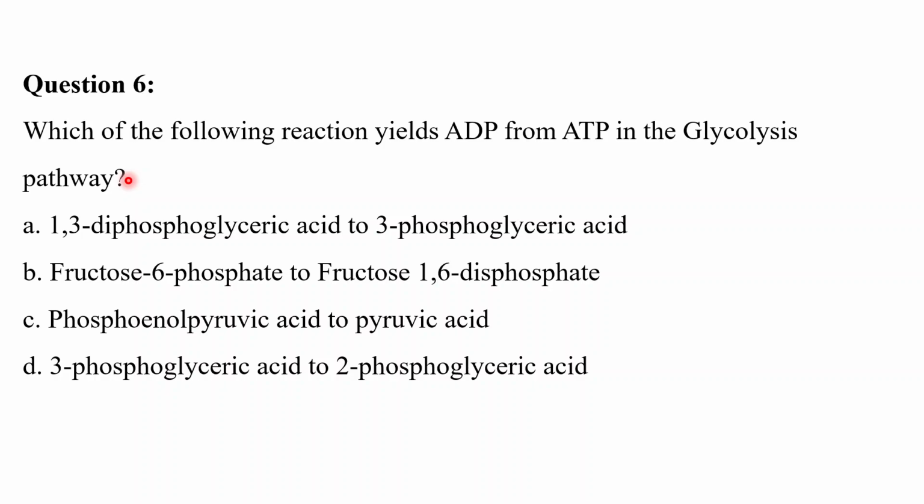Some kinases take the phosphate from the first substrate and deliver it to the second substrate, which is actually ATP or ADP. Some kinases can take phosphate from ATP and deliver it to a substrate like glucose. In the case of hexokinase, they take the phosphate group from ATP and deliver it to glucose to make glucose 6 phosphate.